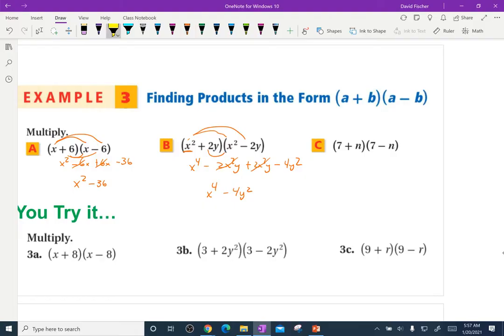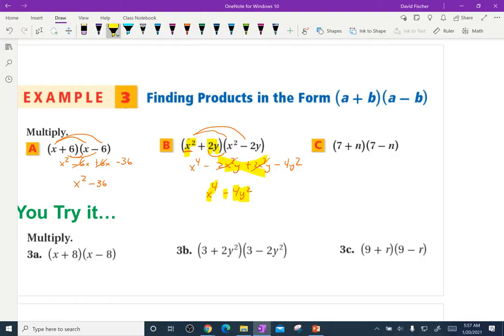If I square x squared, I get x to the 4th. I know that if I do a positive times a negative, my answer has to be a negative for that third term. So right there, I know automatically it's going to be a negative, because I've done enough FOIL. If I just square the 2, I get 4, and if I square the y, I get y squared. I know that my middle terms are always going to cancel out.